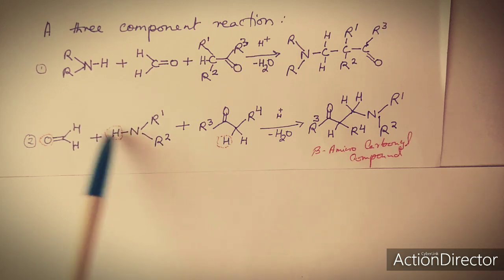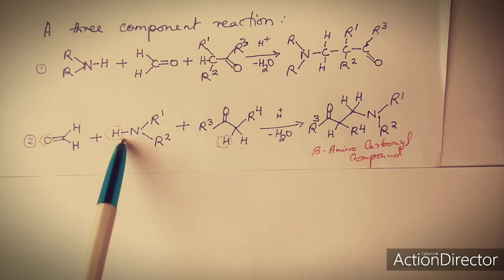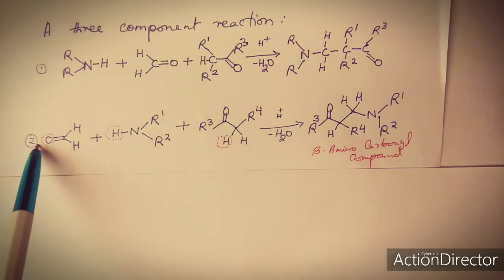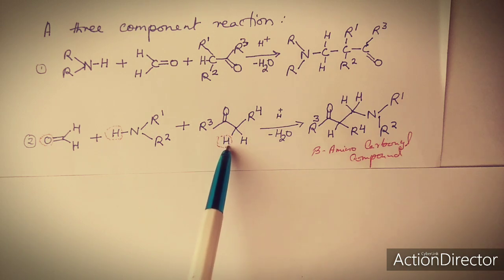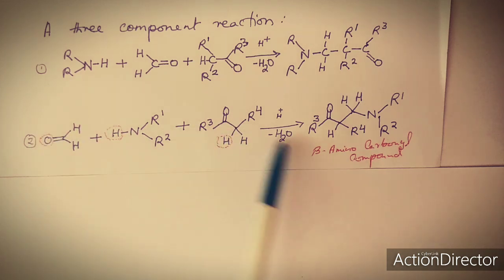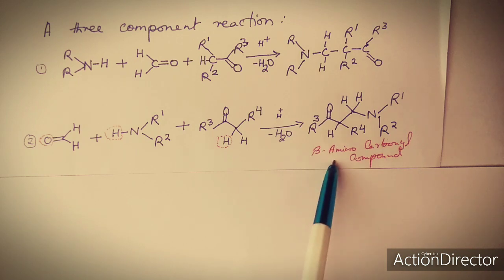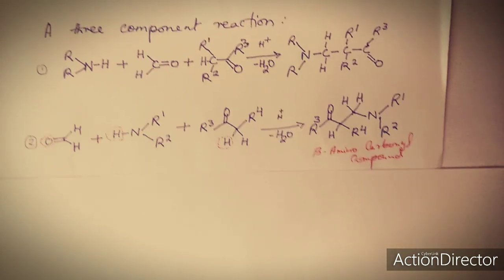Had it not been there, the reaction would not have proceeded. That's why it can't proceed with tertiary amines. Now the formaldehyde and the amine, together with this carbonyl with an acidic hydrogen, minus H2O, will give rise to this beta amino carbonyl compound.